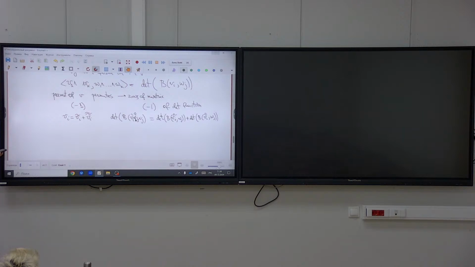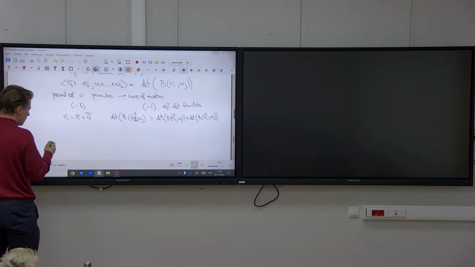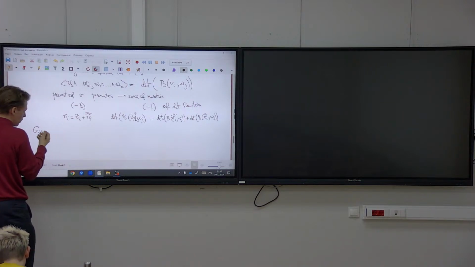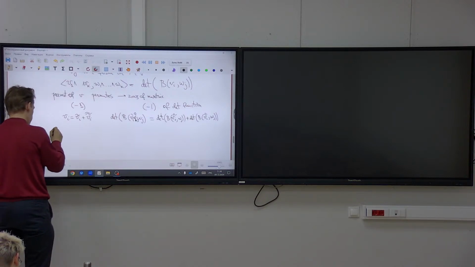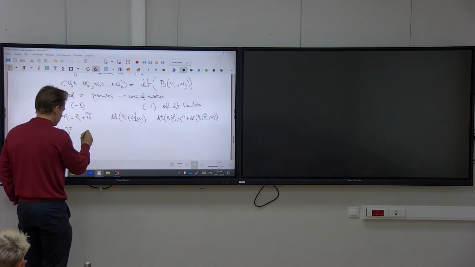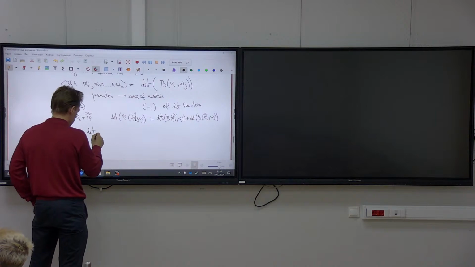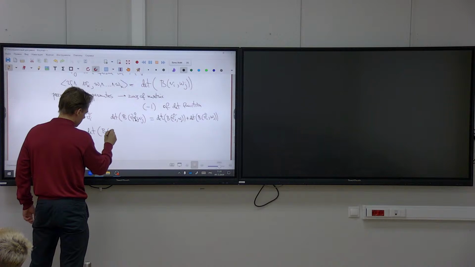For example, given gamma inside V, you can form the determinant of B on gamma.